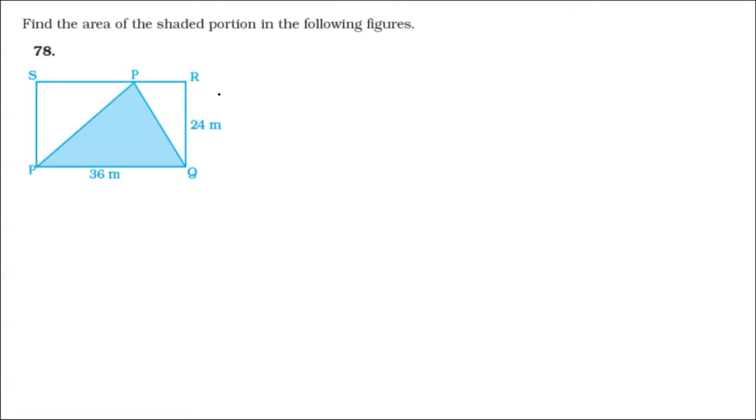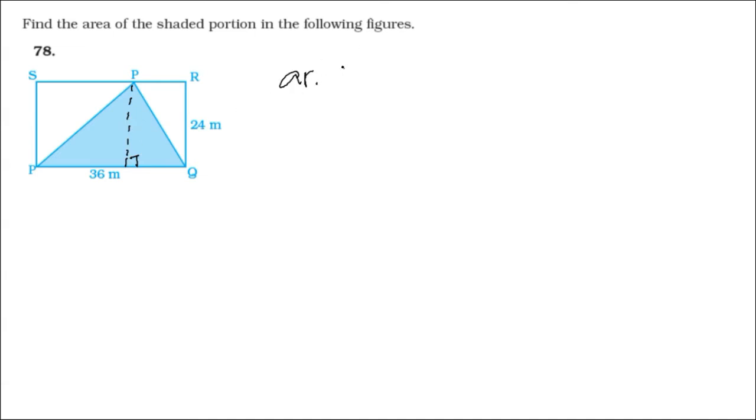It's pretty simple, but how do we find the area of the triangle? We require half base and height. The base we can consider as 36. What about the height? This height is the perpendicular distance from point P to the base. This will be the same as 24.